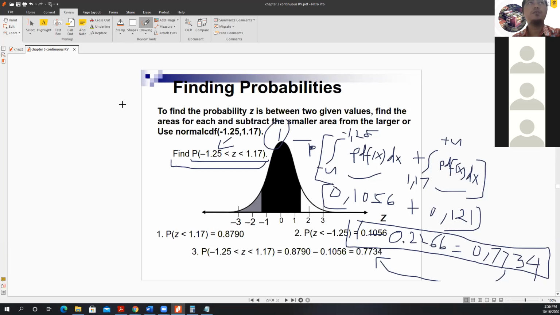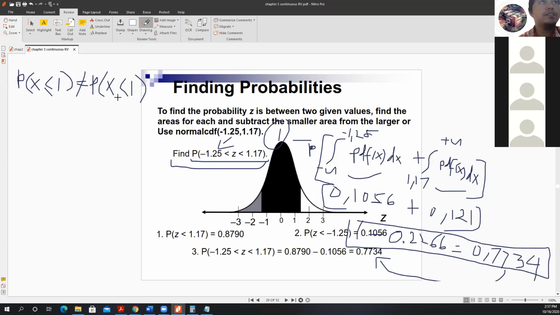Maybe until now, I want to point out something important. The probability X less than 1, let's say 1 is just an example, is not equal to the probability X less than or equal to 1.